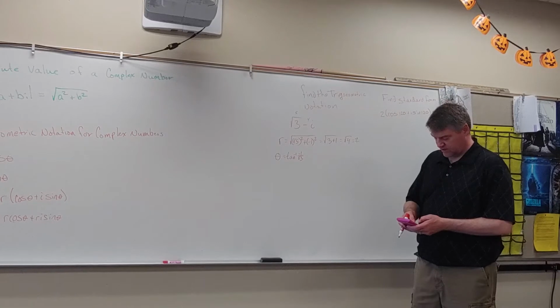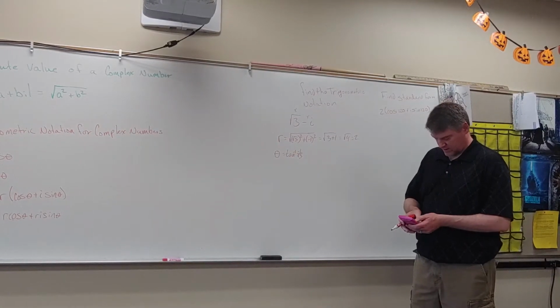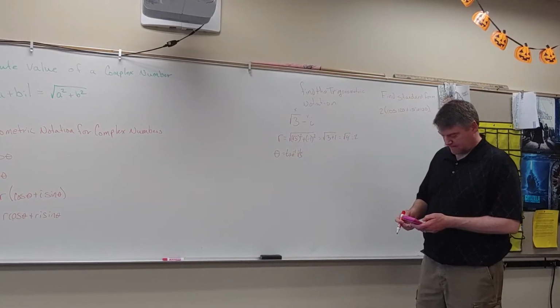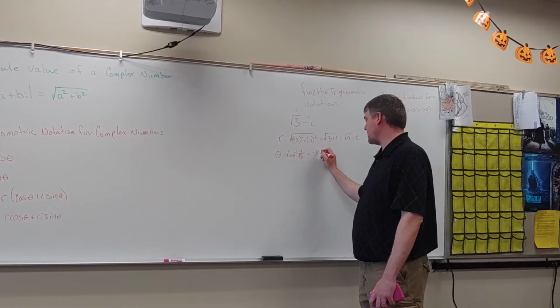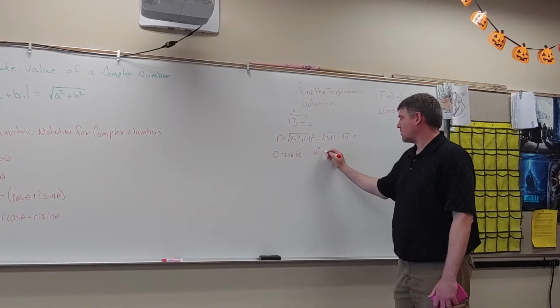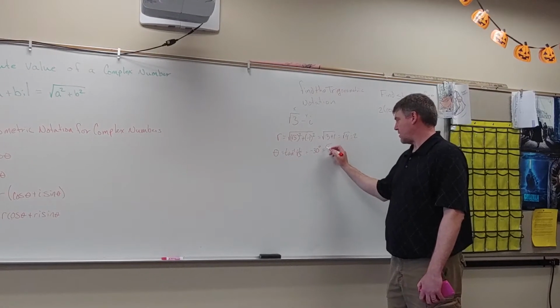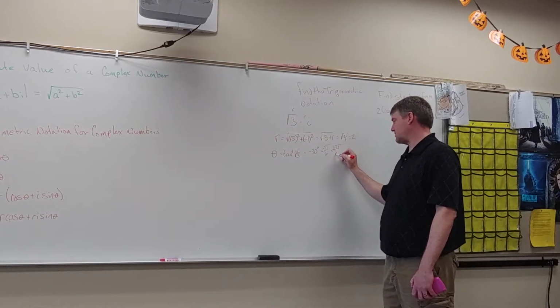So tangent inverse of -1 divided by root 3, and that gave me negative 30 degrees, which is the equivalent of negative pi over 6, which is 11 pi over 6.